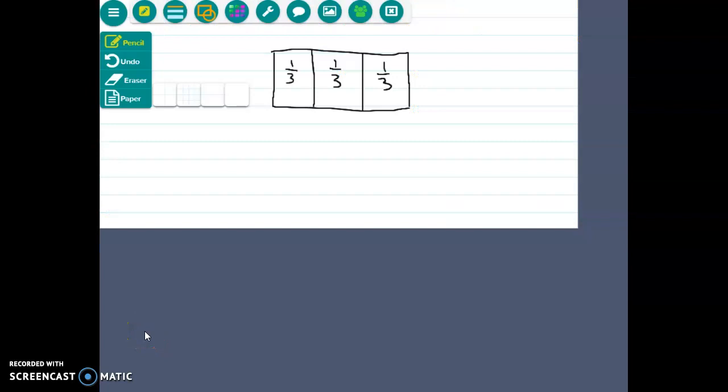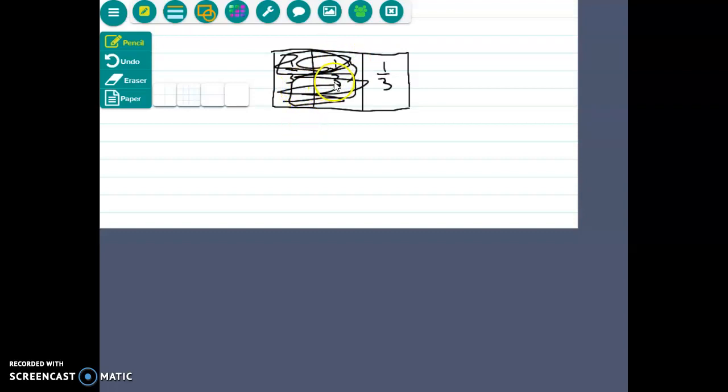Alright guys, you can see right here I have a rectangle that's partitioned into thirds, and in each section I wrote 1/3. Now, what would the fraction be if I decided to shade in two sections? Let's just say I cover this section up. What part of this rectangle is scribbled on?